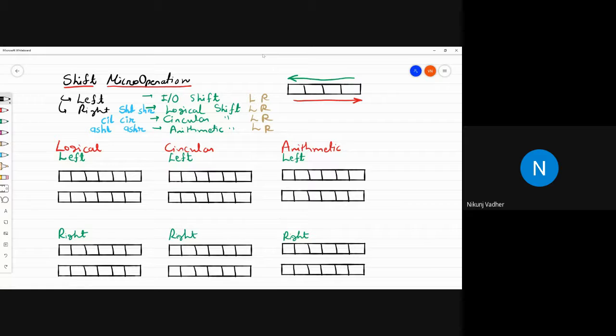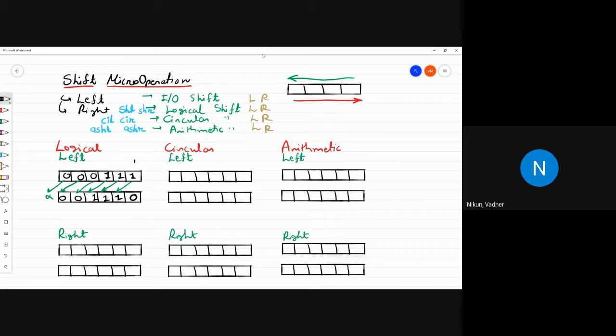For example, 0 0 0 1 1 1. If we perform logical shift left, then this one will be here, this one here, this one here, this 0 here, this 0 here, and this 0 will be discarded. So 0 0 1 1 1, and this empty space will be filled with 0.